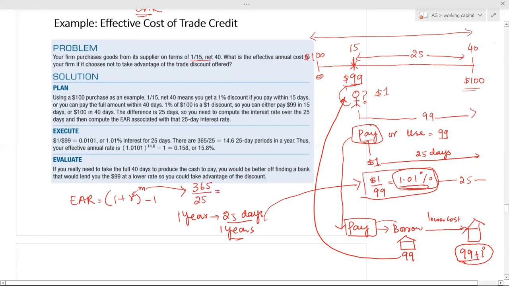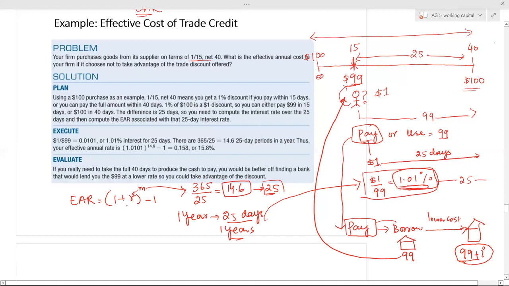So how many times do we observe 25 days in a year? 365 divided by 25 is 14.6 times. In other words, 25 days comes 14.6 times in a year.